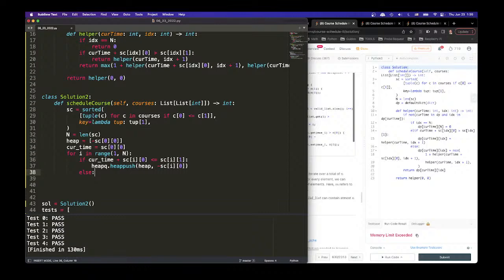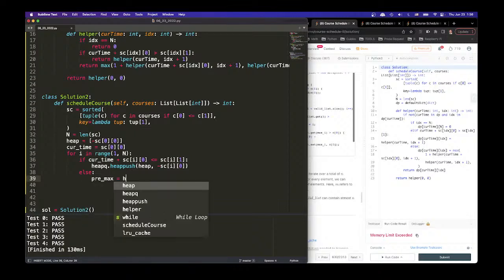Else, now previous max shall equal to heapq.heappop heap, put a negative sign on it. So this is previous max.